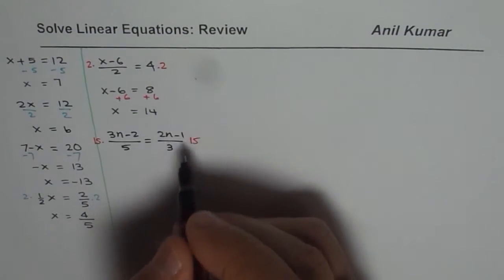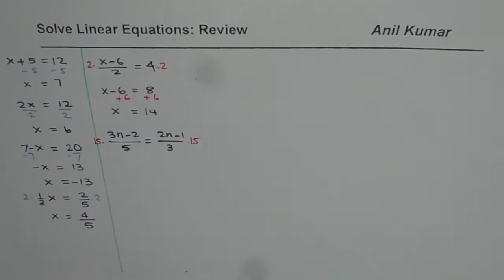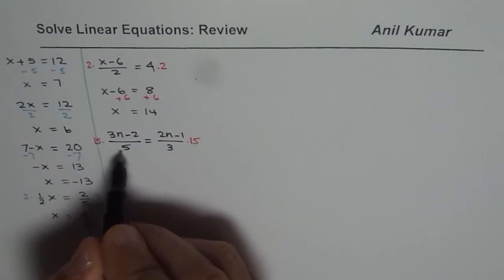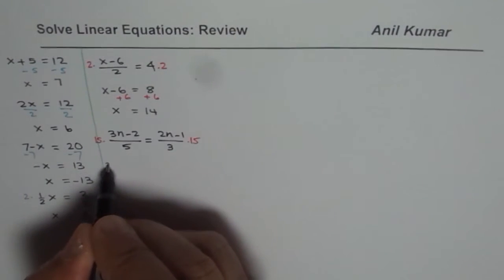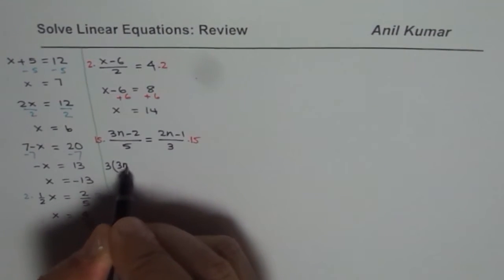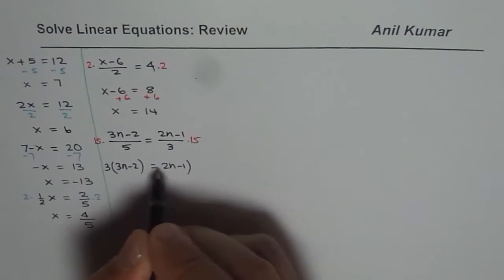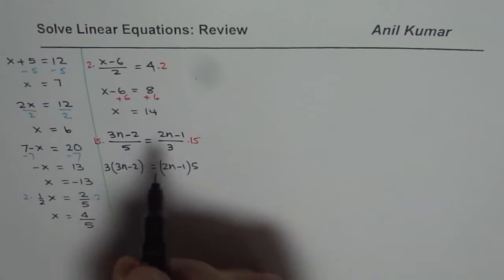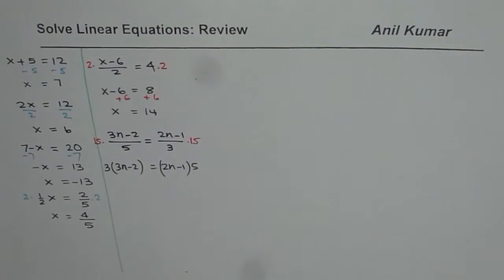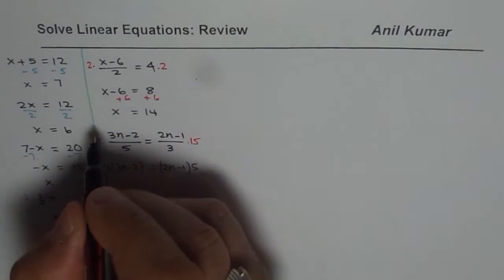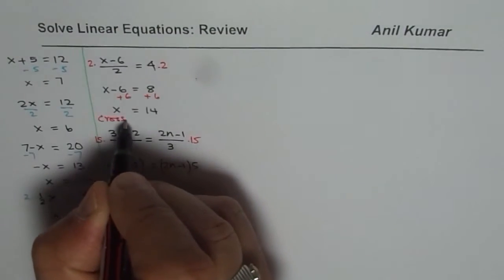Let us see that part. 15 divided by 5 is 3, so I have to effectively multiply 3n minus 2 by 3, and the right side, which is 2n minus 1, by 5, correct? We sometimes call this strategy cross multiply. So let me write down the strategy here, which is cross multiply.